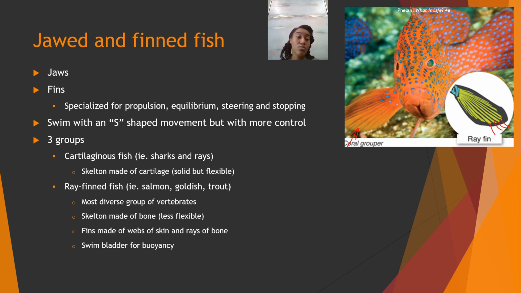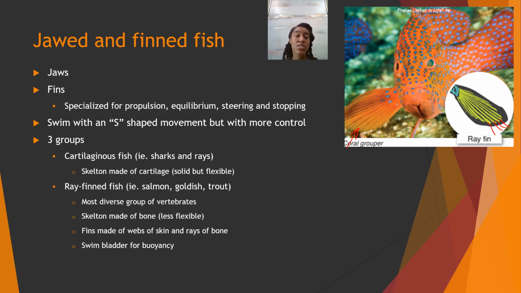And that's why they're called ray-fin fish. There's a ray of bones connected by a membrane of skin. And as I mentioned, they have a body made of bone, not cartilage, and bone is far less flexible than cartilage. So there is a lot more structure there, but a lot less flexibility in these fish.